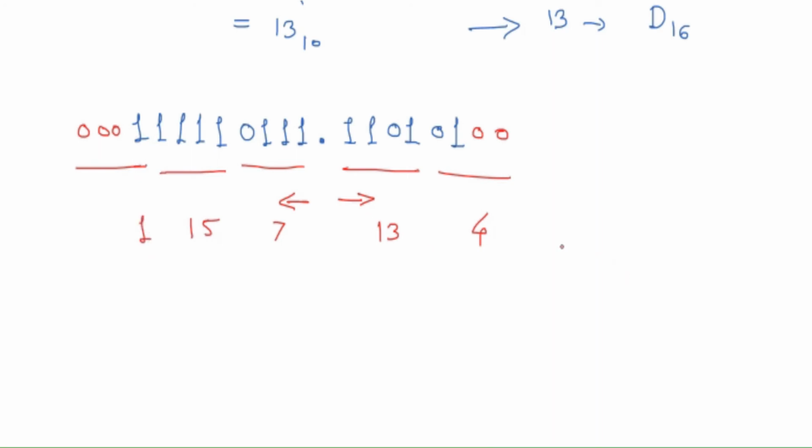As we know, these are decimal values, and we know the decimal to hexadecimal mapping. So the 4 will be as it is. A is 10, B is 11, C is 12, D is 13, so 13 will be D. Then the point will be as it is, the next part 7 as it is, and F as it is because 15 is F. The last digit 1 will be as it is.